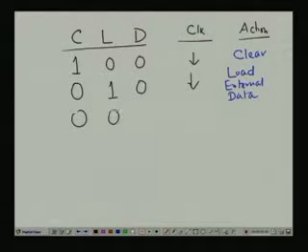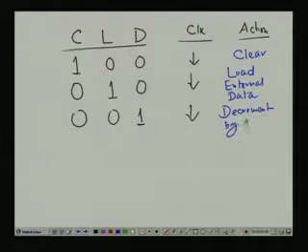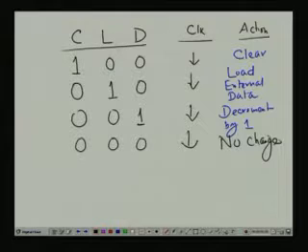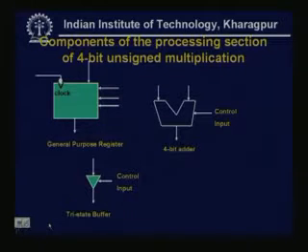Now, 0 0 1, the operation is a decrement by 1. If it is 0 0 0, CLD, clock is a trailing edge, the operation is no change. So, these are the 3 inputs.